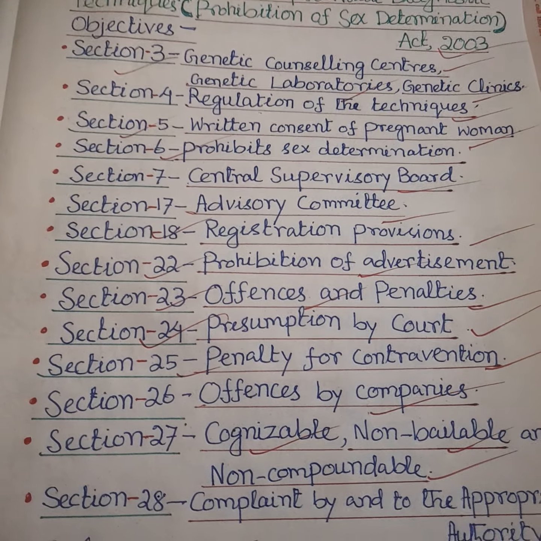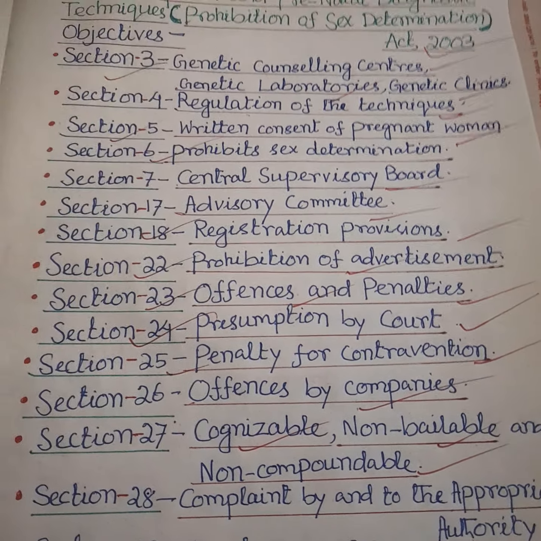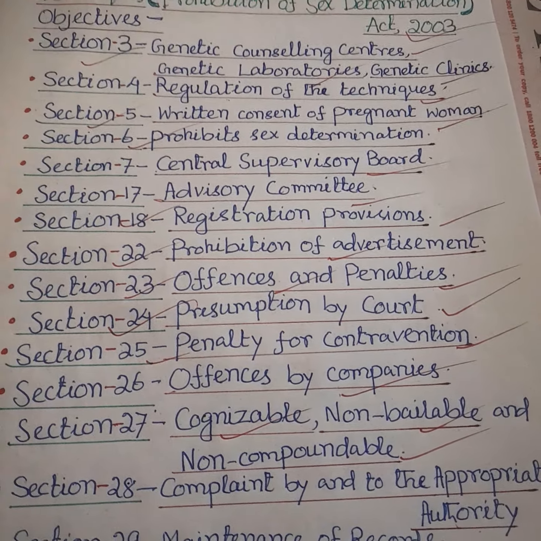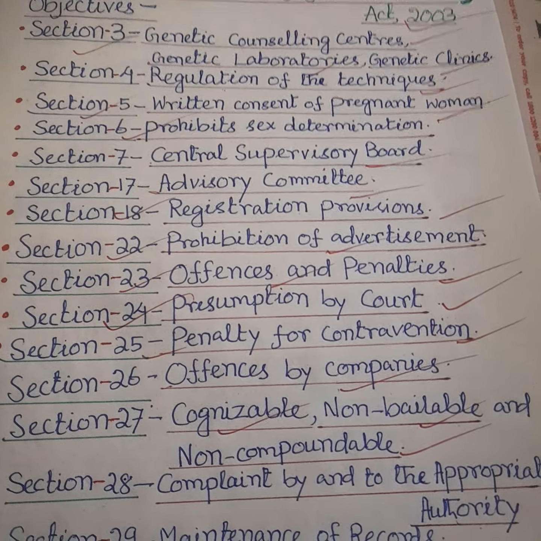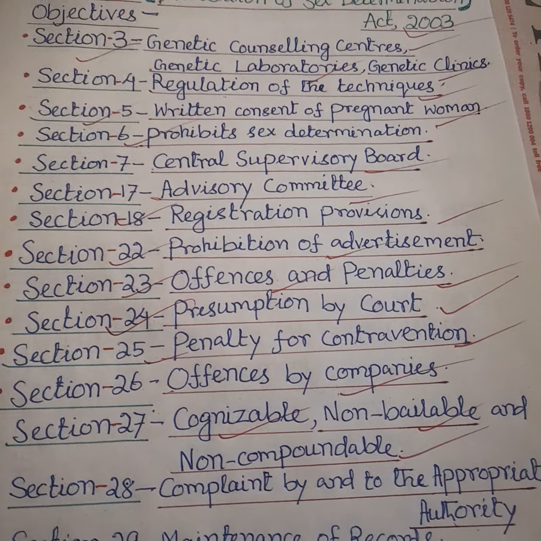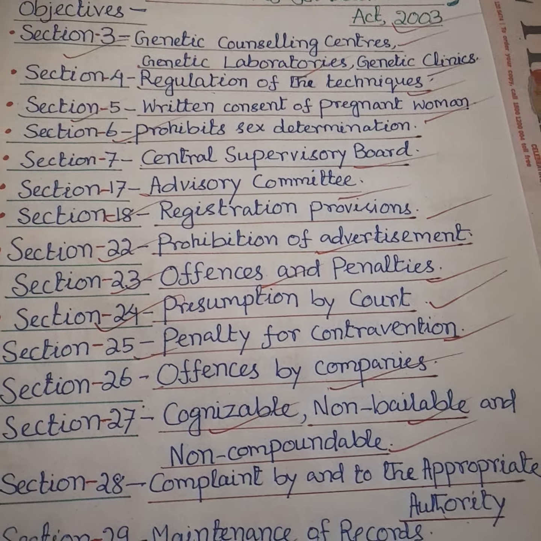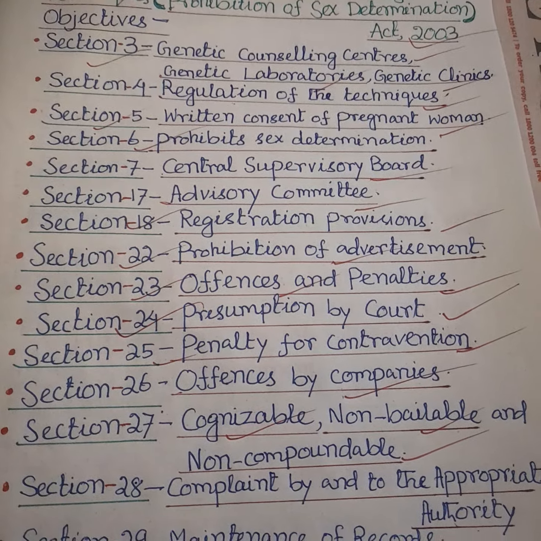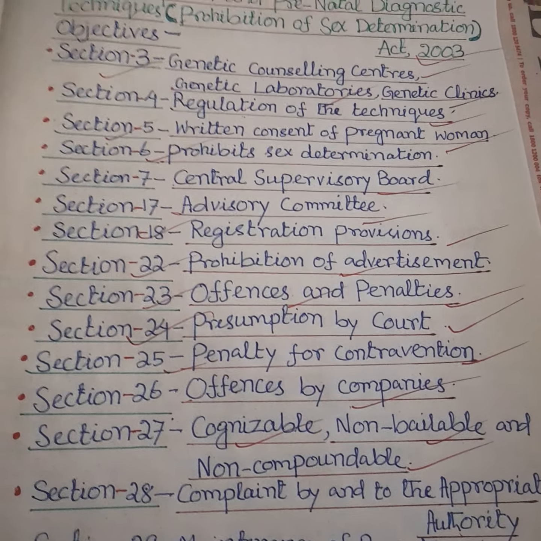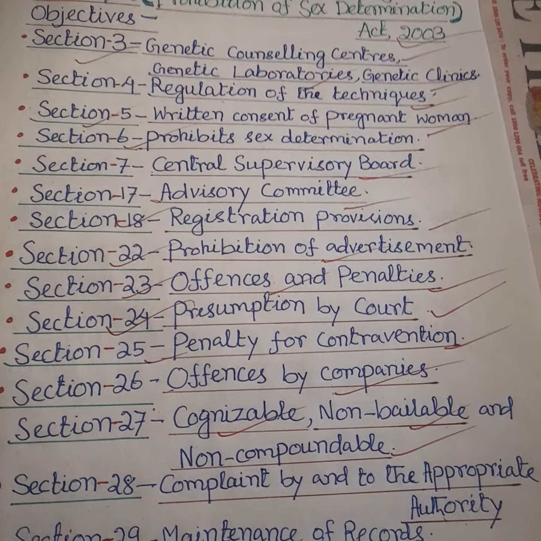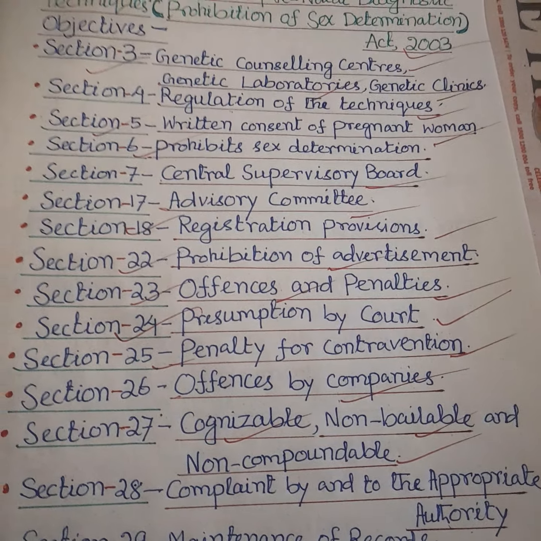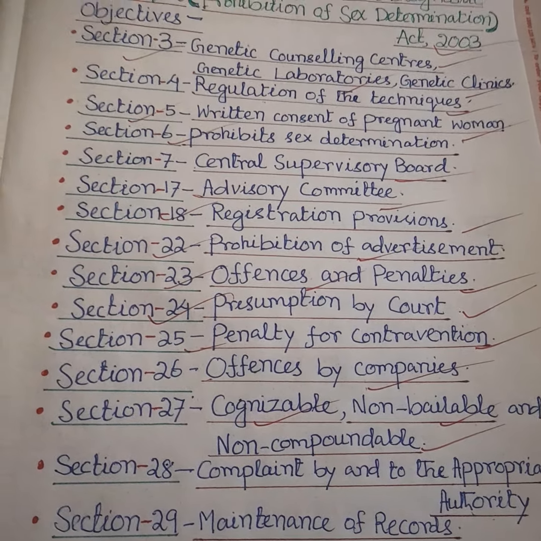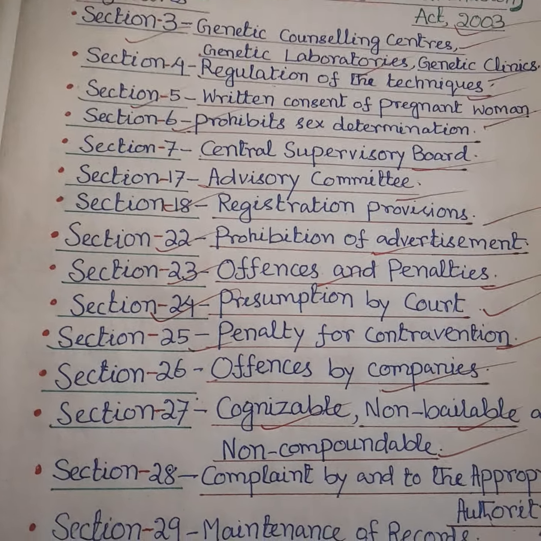So, the offences considered cognizable are those committed under the Pre-Natal Diagnostic Techniques Regulation and Prevention of Misuse Act 1994, as subsequently amended in 2003 and renamed the Preconception and Prenatal Diagnostic Techniques Prohibition of Sex Determination Act of 2003.